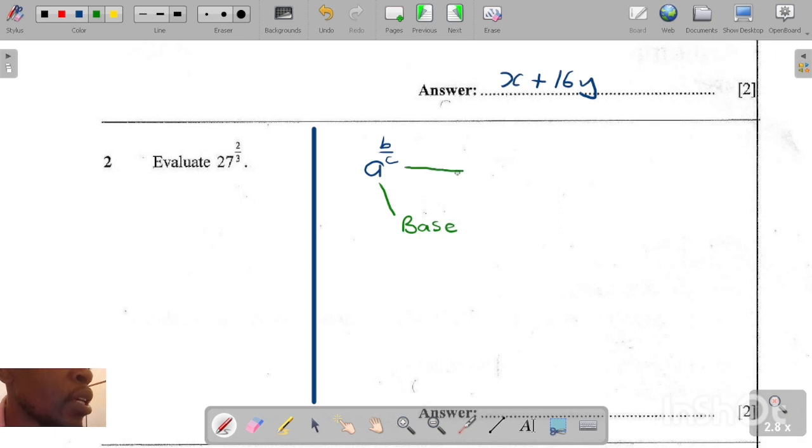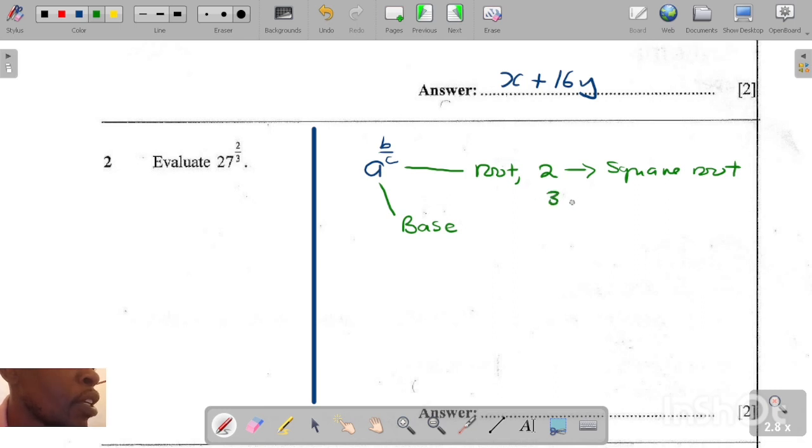Then the denominator of the power is indicating the root. So if you have a 2 where there is c here, it means you are being asked to find the square root of the base a.